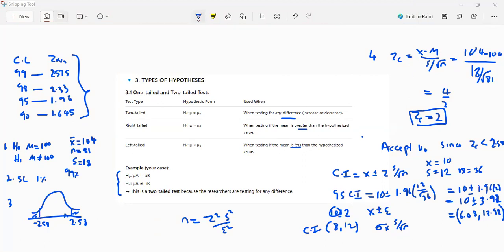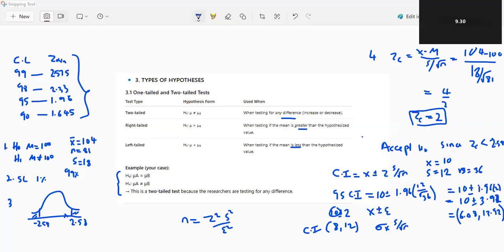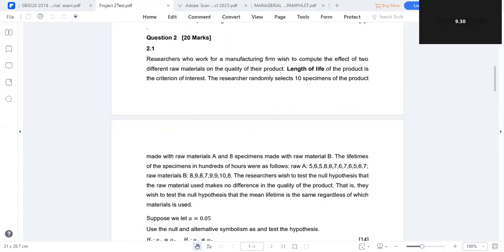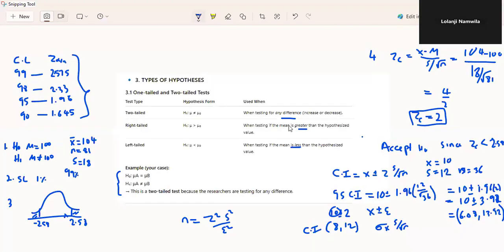Now, I have a question. Yes, there's a question, okay? When we found the significance level, yes, when we found the significance level as 1%, we subtracted the 100 from the 99%.